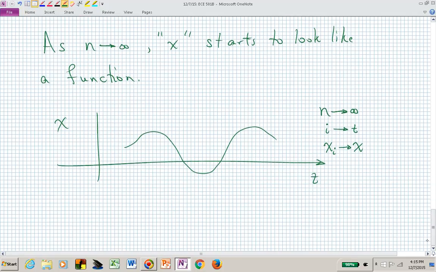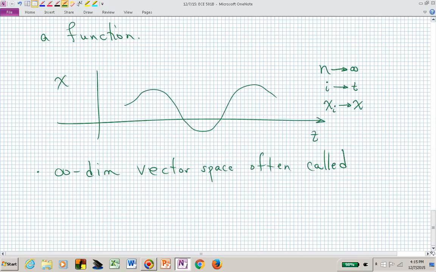And now, since we have an infinite number of points in this segment, we can now think of this infinite dimensional vector space, which may be given other names.